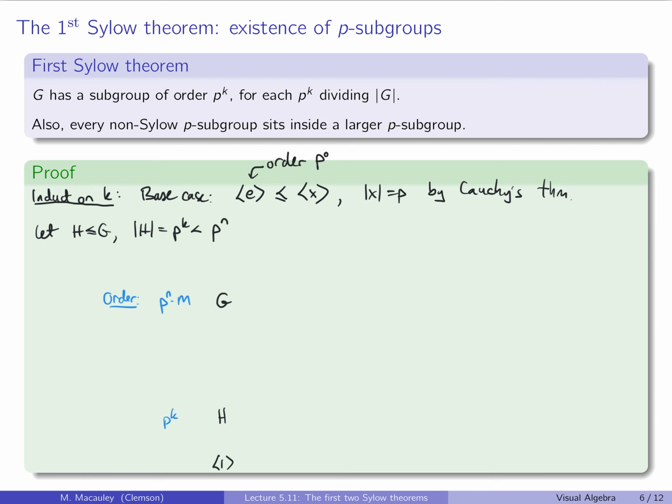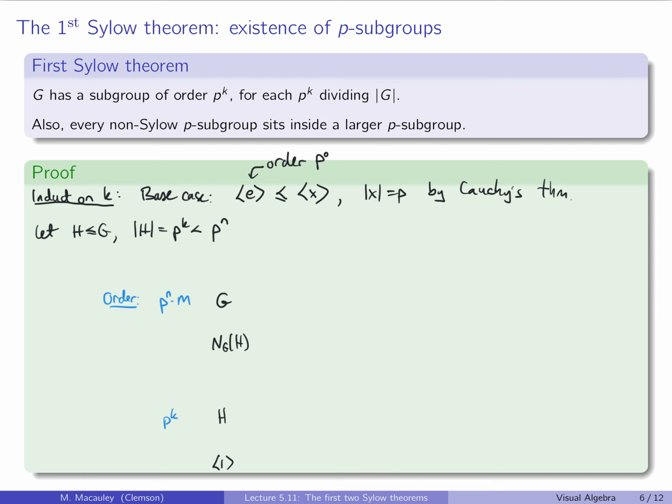We know from the previous lecture, the so-called normalizer lemma, that the normalizer grows. Remember, in p-subgroups, the normalizer of a non-maximal subgroup will grow, and the index of H in the normalizer is going to be a multiple of p. So that means that the normalizer is going to be, say, somewhere up here.